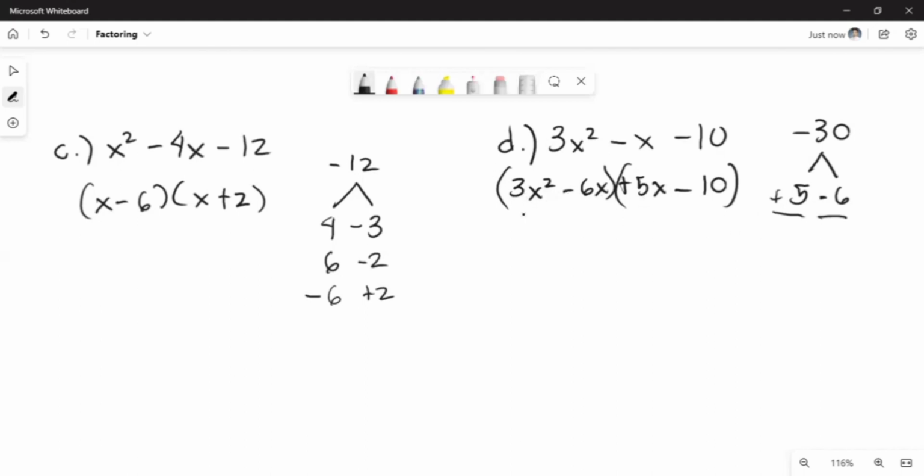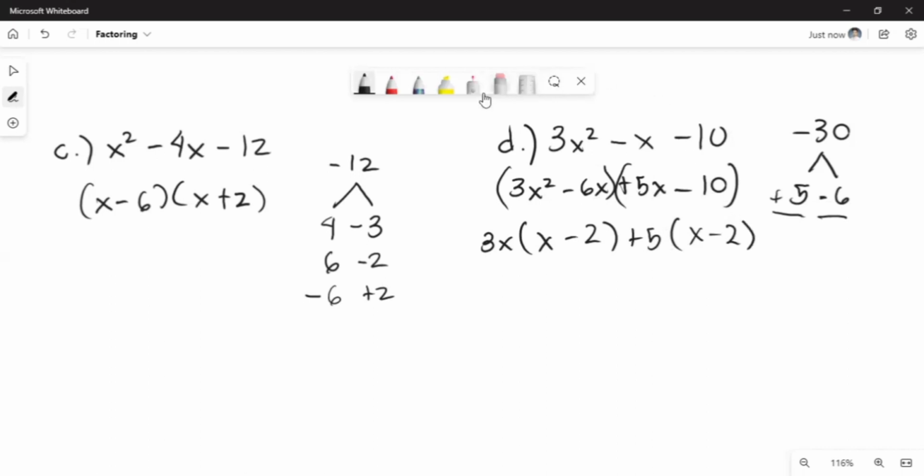Factoring out 3x on the first pair, 3x squared divided by 3x is x, and negative 6x divided by 3x is negative 2. Factoring out the greatest common factor on the second pair, that is positive 5: 5x divided by 5 is just x, and negative 10 divided by 5 is just negative 2.